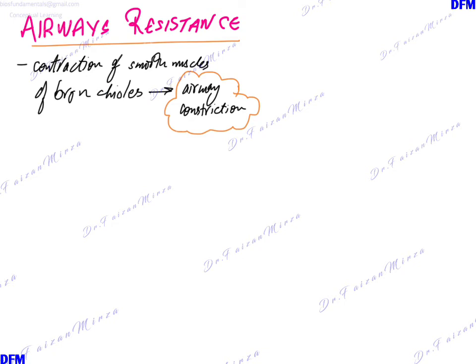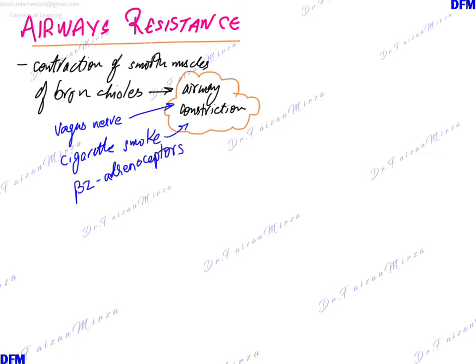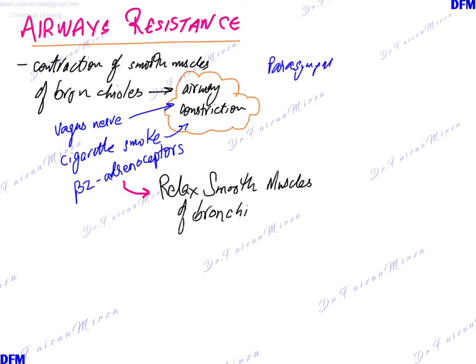Airway resistance refers to how much resistance there is in your airways, and the contraction of smooth muscles in the bronchioles causes airway constriction. This can be stimulated by the vagus nerve. It can also be stimulated by cigarette smoke. B2 adrenoceptors are involved in relaxing the smooth muscles of the bronchi.